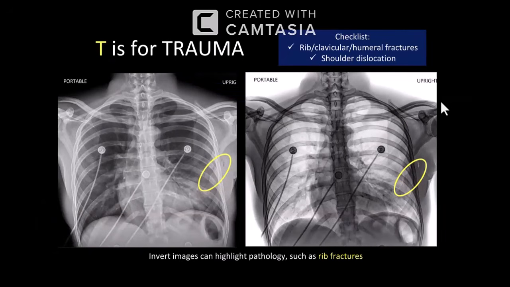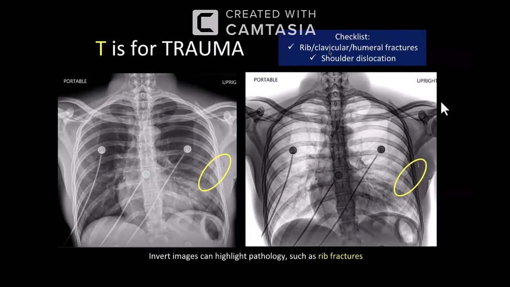T stands for trauma. The checklist includes the inverted images. I'm not sure if this can be available in the exam, but at least in your real or routine practice, you should do this, especially while reporting ICU X-rays or portable chest radiographs.